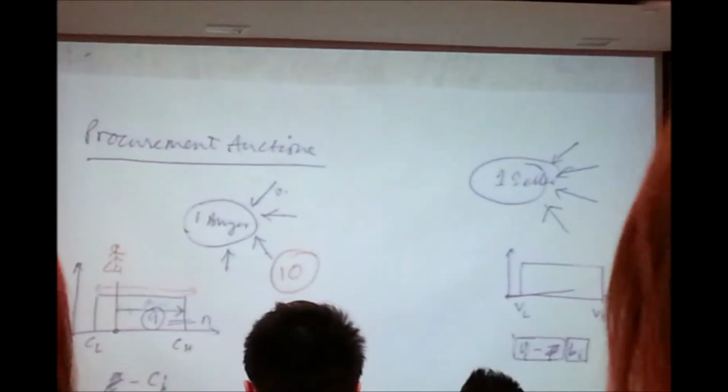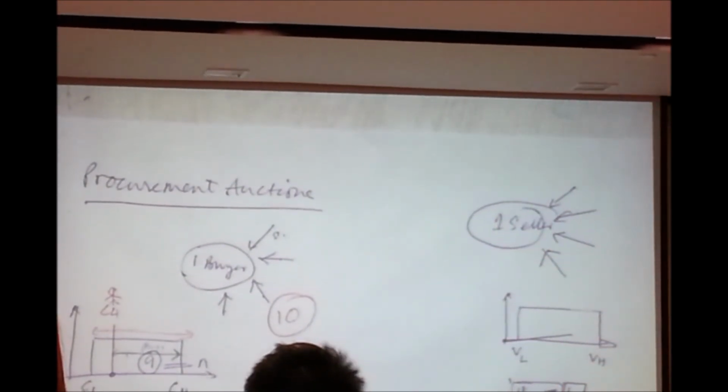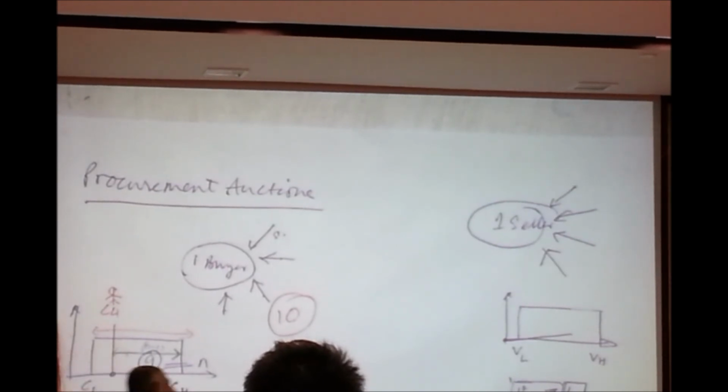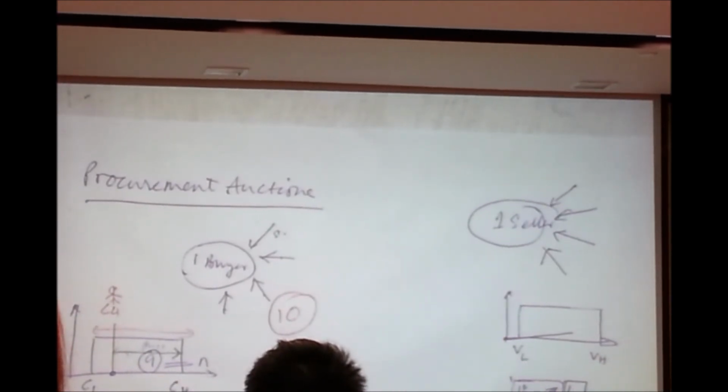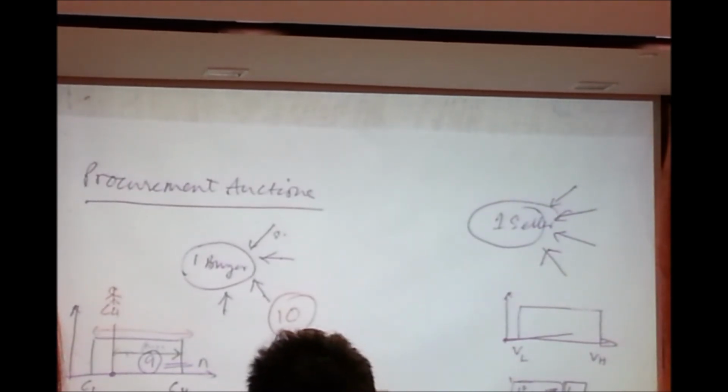So if you are looking for the lowest valuation amongst 9 bidders, you will look for the expected 9th highest valuation. K is equal to 9.